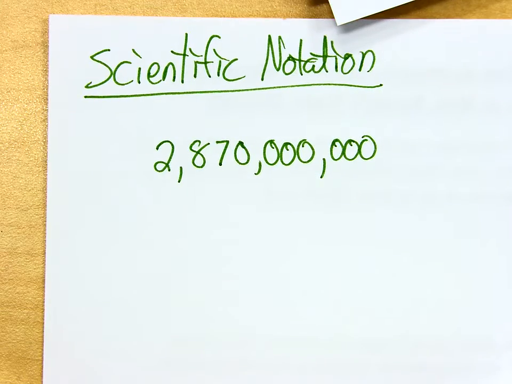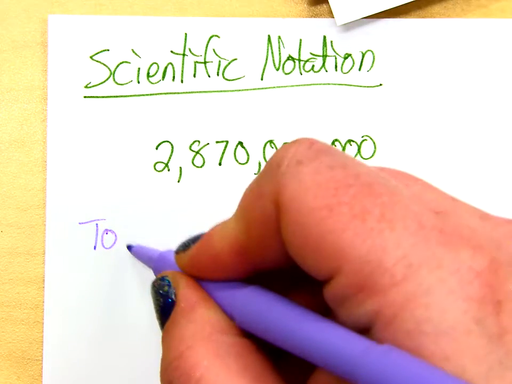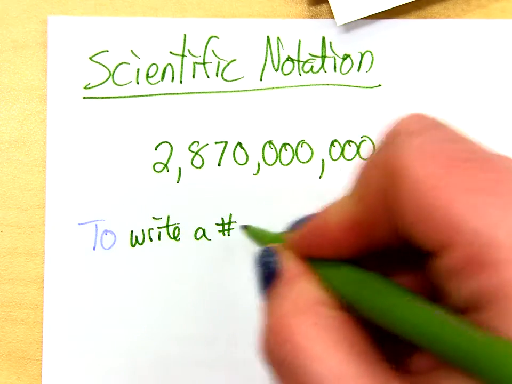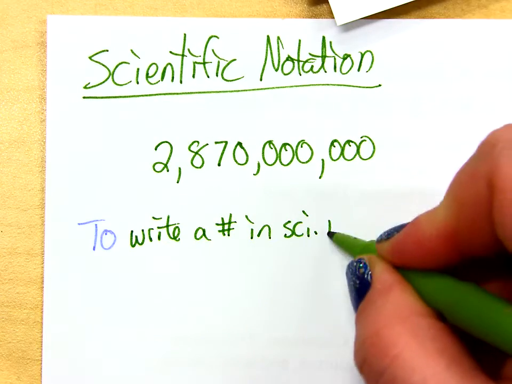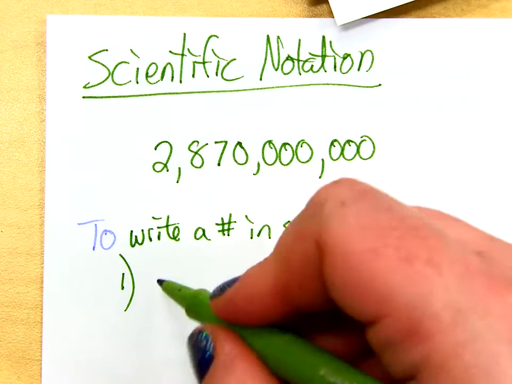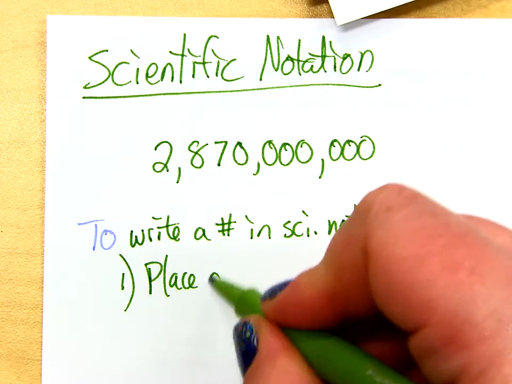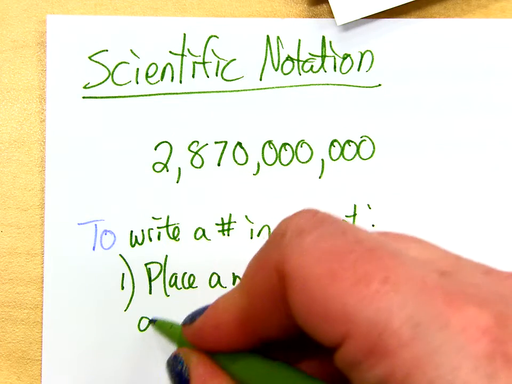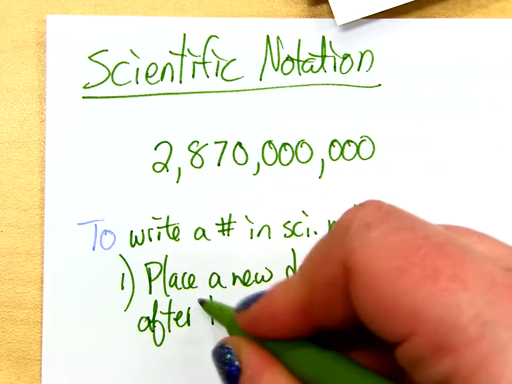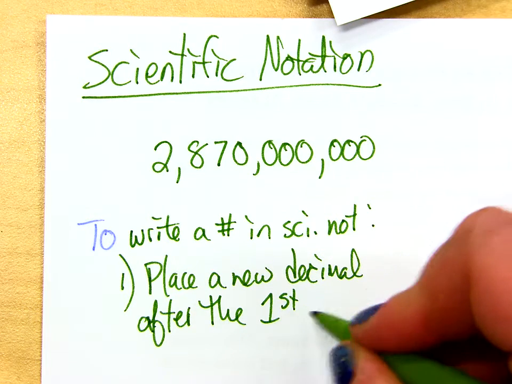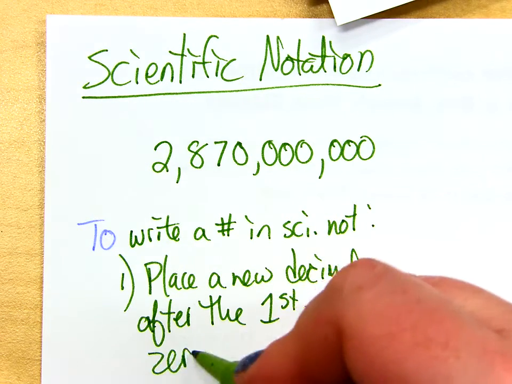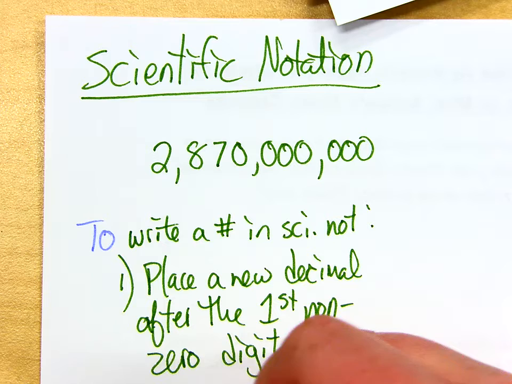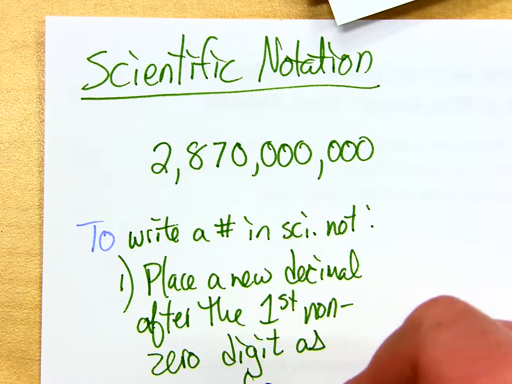So, here's our rules. To write a number in scientific notation, step 1, you're going to place a new decimal after the first non-zero digit as you go from left to right.